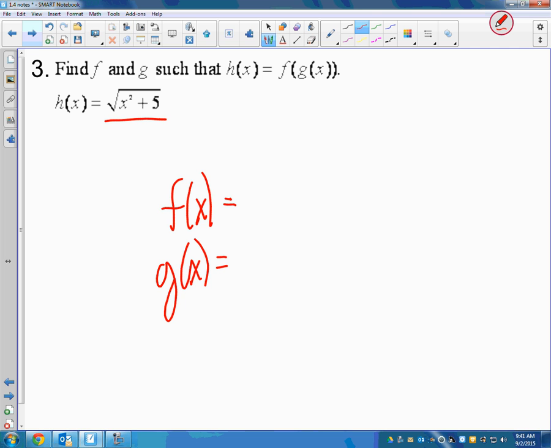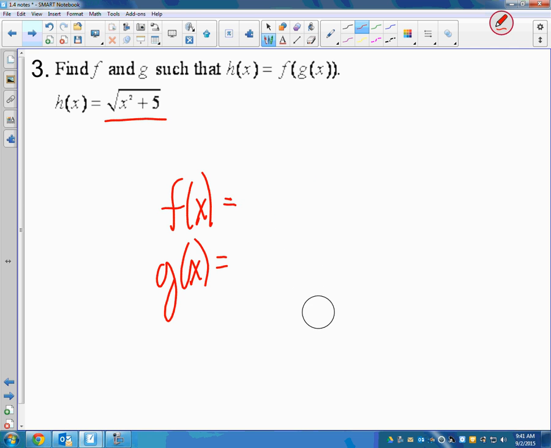See what I'm saying? Like if I said g of x equals x, then if I take that and plug it in here, because then you can just say, well, if I replace x with x, I get what I'm supposed to get. Right, that's cheating. We can't do that.